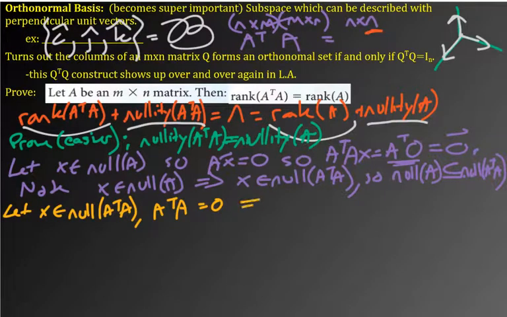And this is equivalent to something that seems probably like magical, but it is equivalent to xᵀ, the vector's transpose, times Aᵀ times A x equals 0. So basically we just multiply on the left, both sides by x transpose.